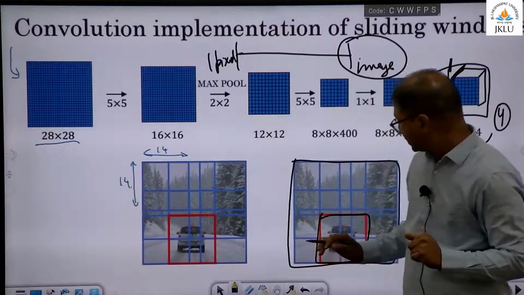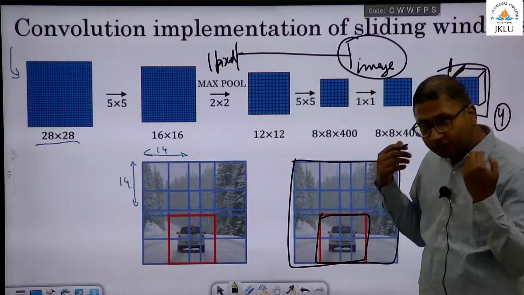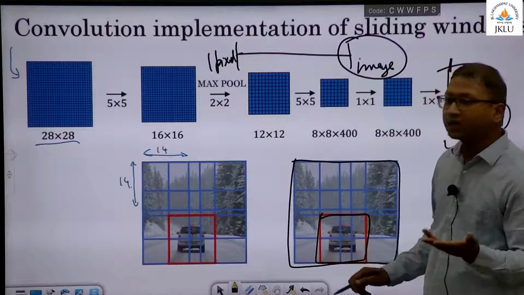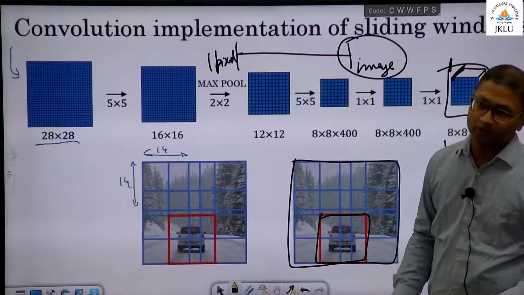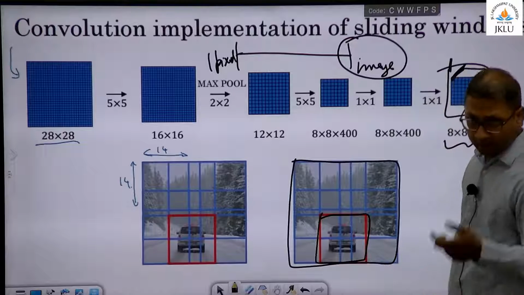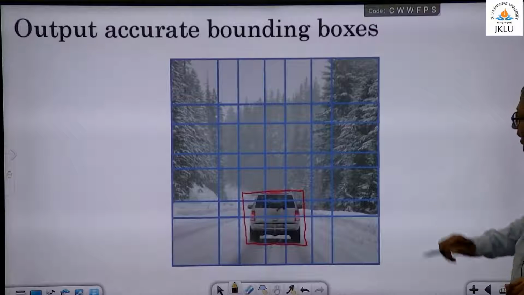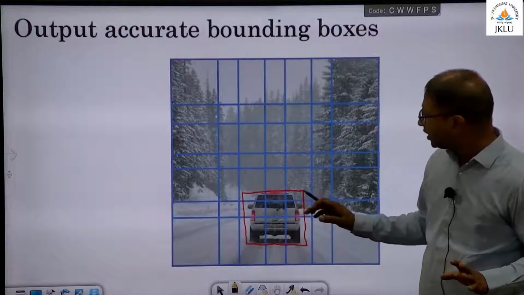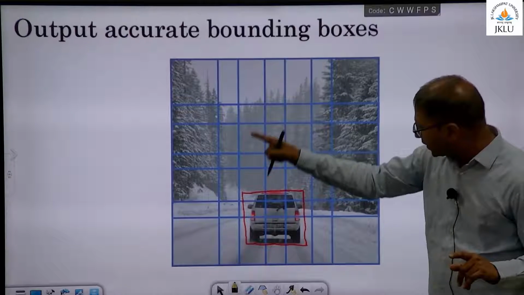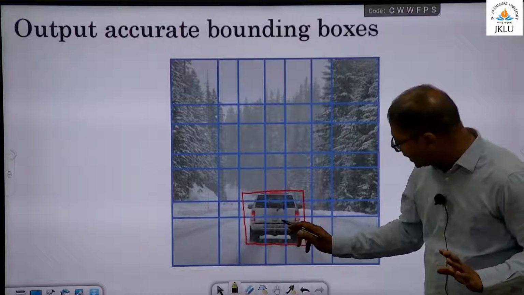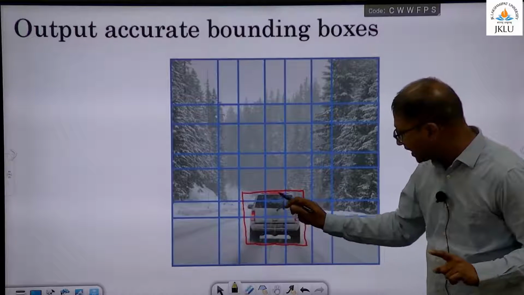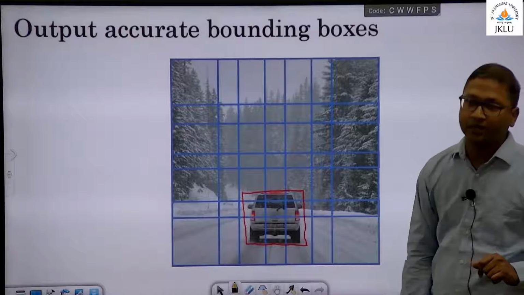One thing. Second is, even though this is fine, you may still not get an accurate bounding box. Both problems are related. If you look at this particular thing, none of your sliding windows is actually capturing the complete car.